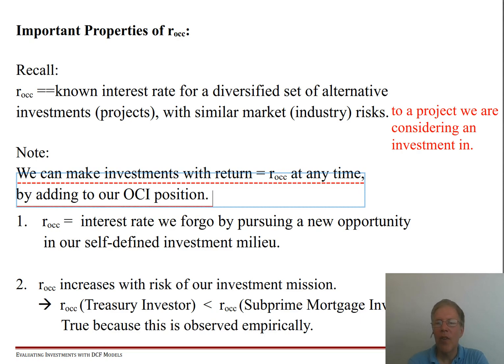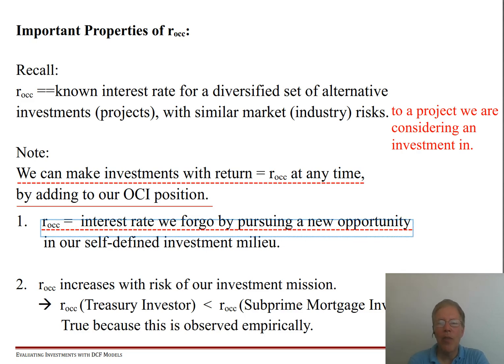Our risk-averse investor could add to her opportunity cost investment position by just buying more of the Mint ETF, okay? So what does that mean? The opportunity cost of capital for this project is going to be the interest rate that we forego by pursuing a new opportunity in our self-defined investment milieu.